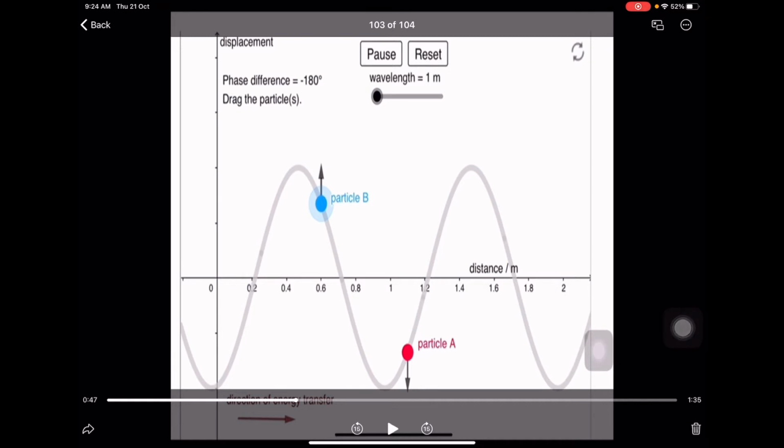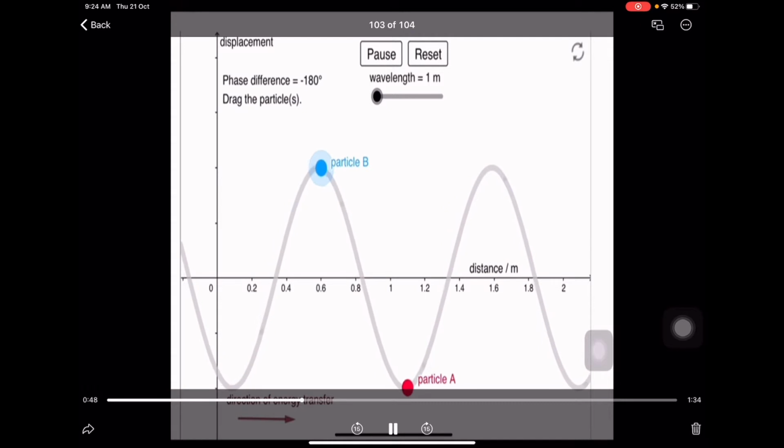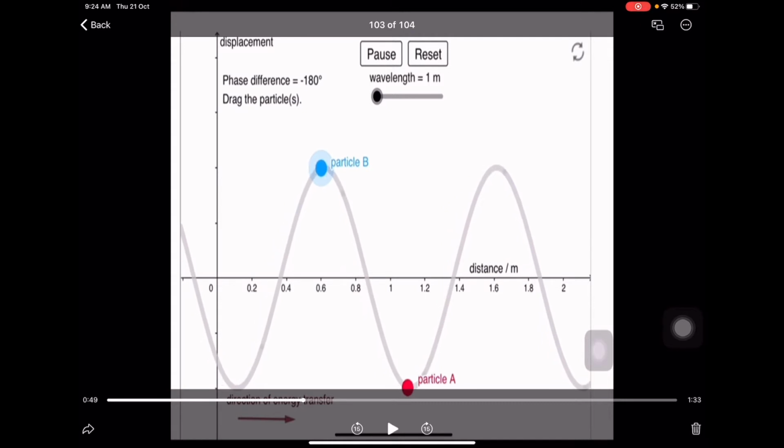When the particle is at the top or bottom, the velocity is 0, because there is no arrow there. When it reaches maximum height, you see particle A and particle B reach the maximum height, so velocity is 0. This is the vibrational particle velocity, because they are changing direction and changing value.